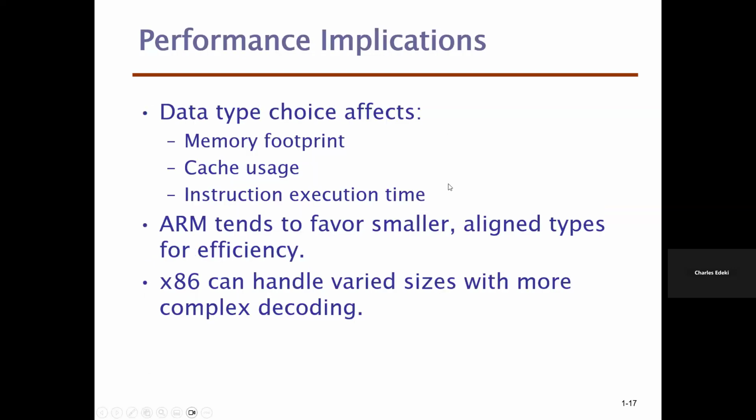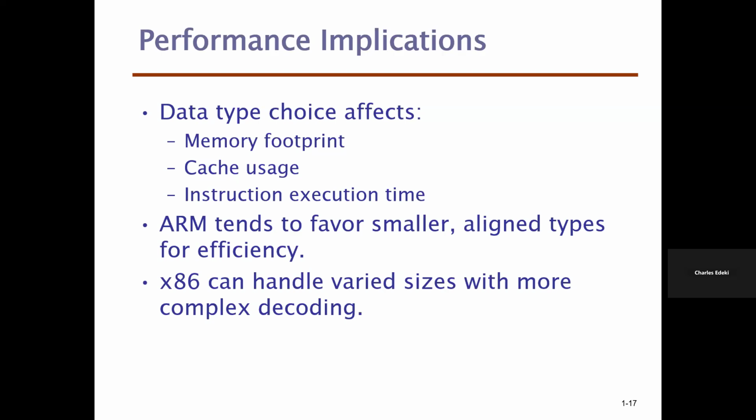performance implications we have. So let's look at the first one. Data type choice affects, of course, the execution speed, also the memory usage, or here we say memory footprint, then power efficiency also.